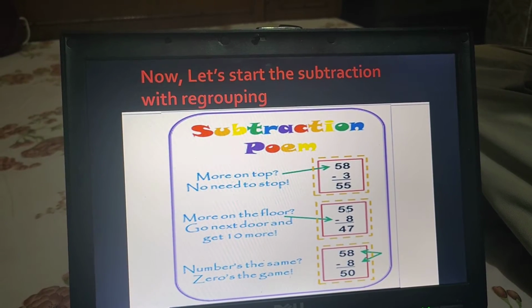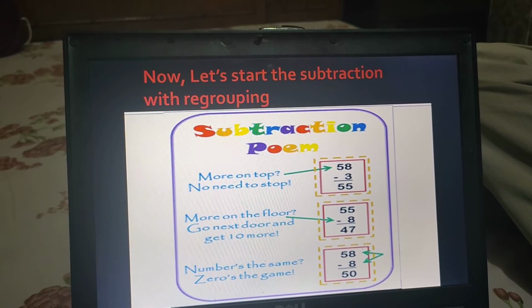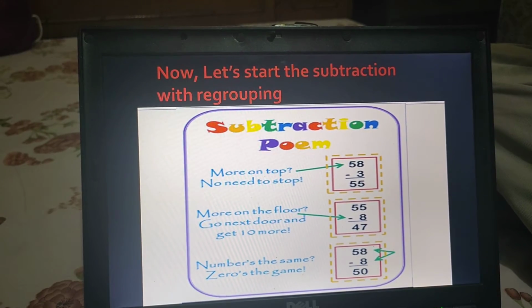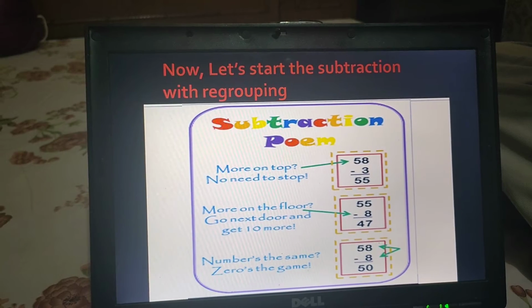So this 5 will become 15 because 10 plus 5 is equal to 15. Now 15 minus 8 is easy. So we can easily subtract 8 from 15.